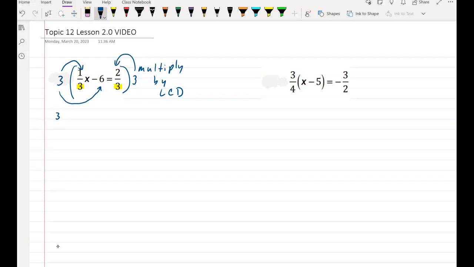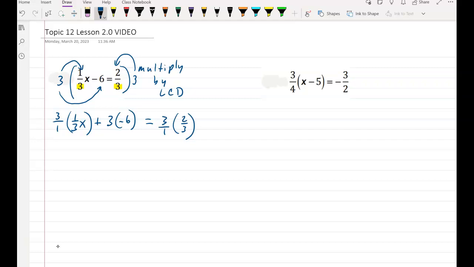So 3/1 times 1/3 x plus 3 times negative 6 equals 3/1 times 2/3. See, I've multiplied 3 by every term in that equation.